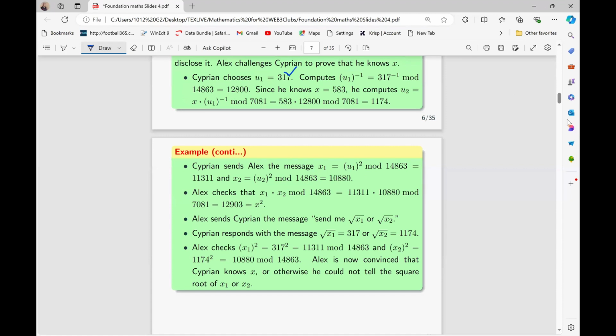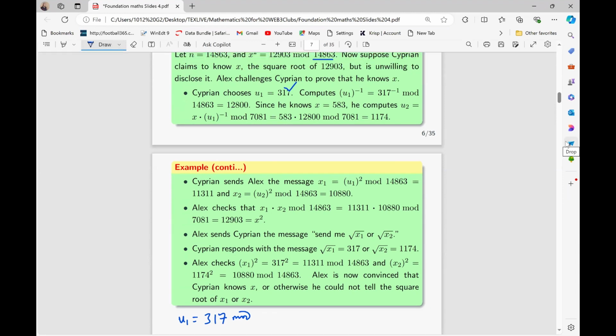He has chosen u1 as 317. Our n was 14,863.